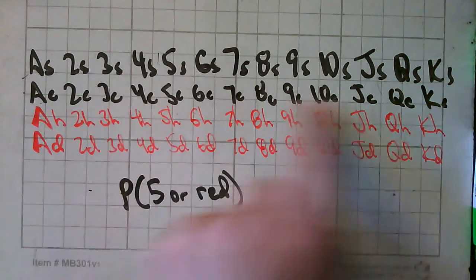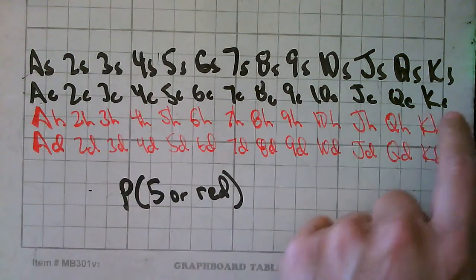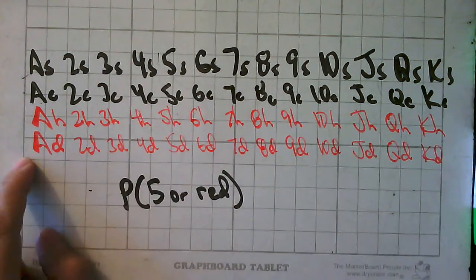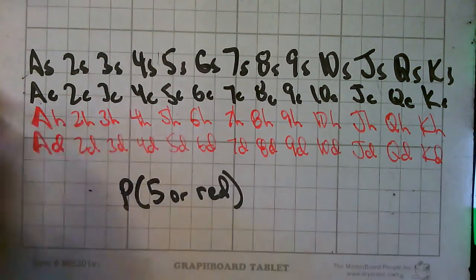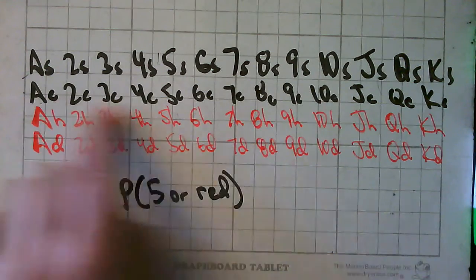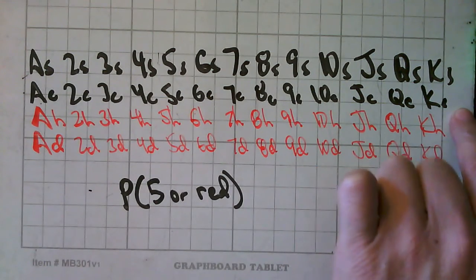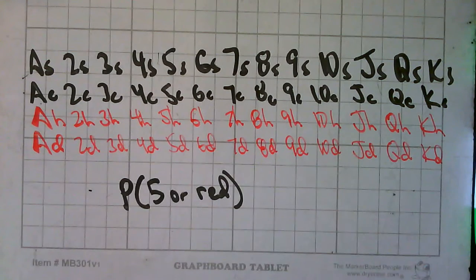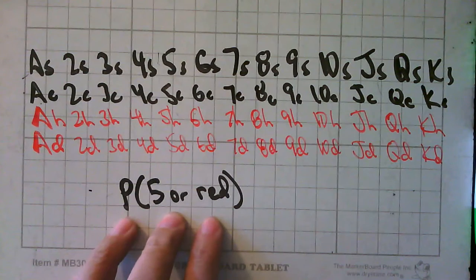Then you have the same ones that are all clubs. Then you have red ones that are hearts, and red ones that are diamonds. So you have 13 spades, 13 clubs, 13 hearts, and 13 diamonds here. Okay, so we want the probability of a 5 or a red.